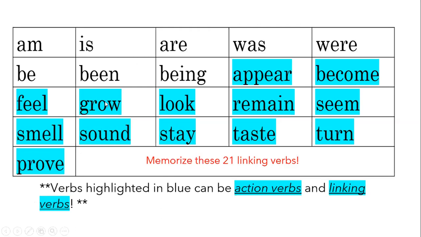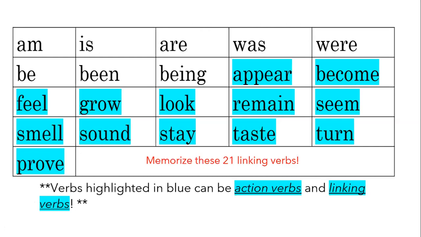And in some cases, being verbs are also acting as helping verbs. So we have to be very cautious. We have to read the sentence carefully to be able to decide whether the verb is acting as a helping verb or as a linking verb or as a being verb.